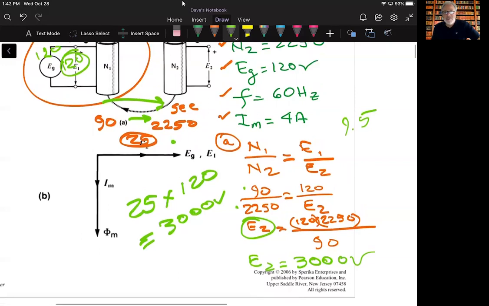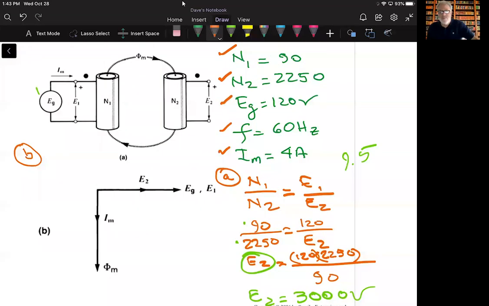Now let's look at the second part. Part B asks us very simply, what is the peak voltage across the secondary terminals? Initially he was asking for effective voltages, so this is an RMS voltage of 3,000 volts, and I want to know the peak value.